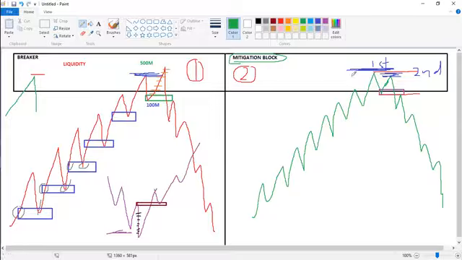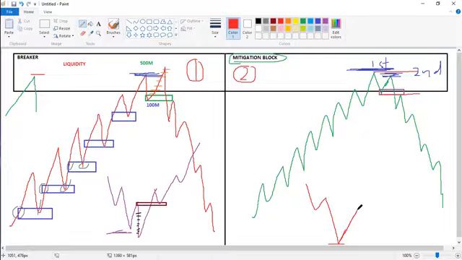So in mitigation blocks, the order block does not break market structure, does not take out liquidity, compared to a breaker. A breaker takes out liquidity. A mitigation block does not take out liquidity. It only pushes price to premium or discount. This is where they first put their first sell or buy orders.